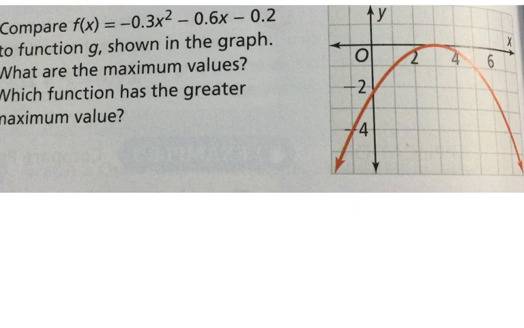This number tells you where it occurs. At x equals negative 1, it reached a height of 0.1. At 3, it reached a height of 0. Which one's higher? 0.1 is higher. Remember, the x is the time. It's like a timeline. I'm reading from left to right, west to east.